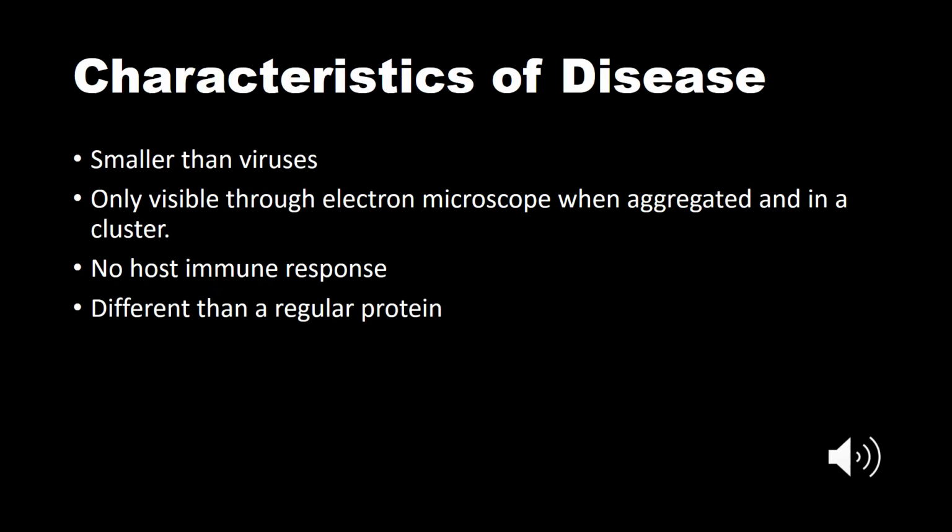So what are the characteristics of mad cow disease? Through my research, I found that it's small. It's really small. It's so small that you have to use an electron microscope just to see it. But even at that point, it would have to be aggregated and in a cluster just for you to see it. So it's going to be really difficult to see a single instance of this disease.